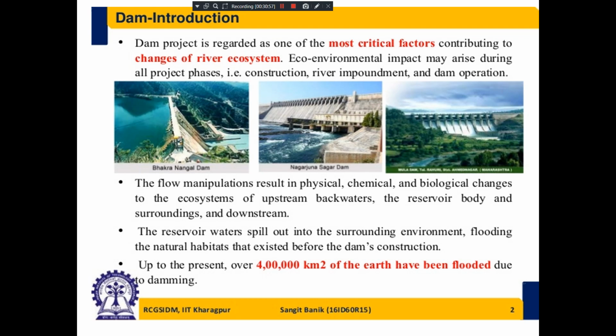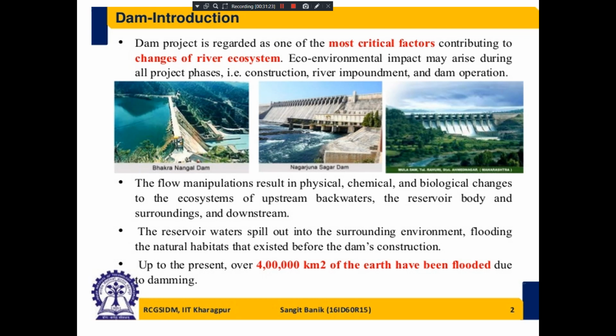The reservoir water spills out into the surrounding environment. As a result, there may be flooding also sometimes. Up to the present, about 4 lakh square kilometers of the earth have been flooded due to dams.